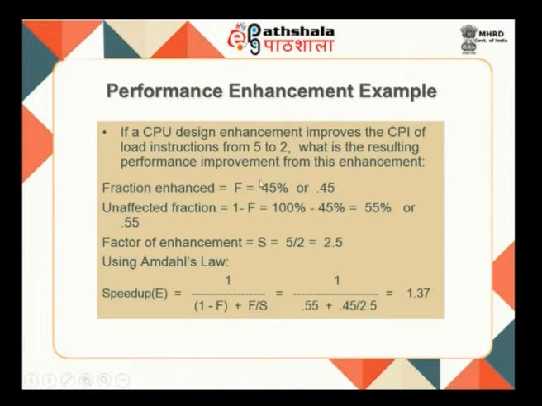So the fraction enhanced is 0.45, and the unaffected fraction is 1 minus 45%, which is 55% or 0.55. The factor of enhancement is reducing the clock cycles for loads from 5 to 2, so you get a local speed up of 2.5.